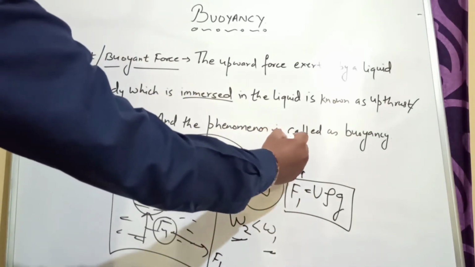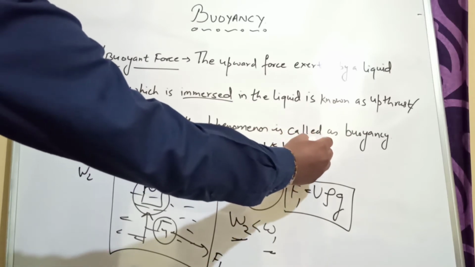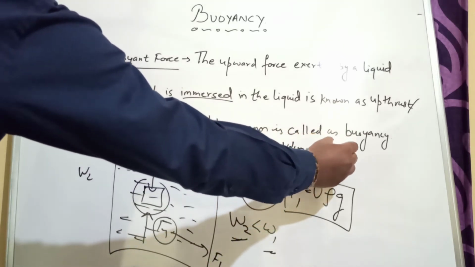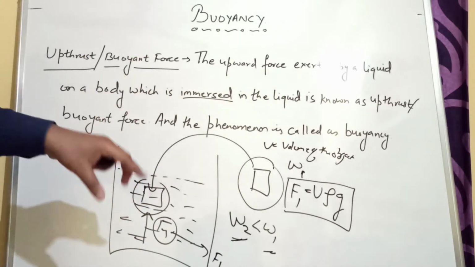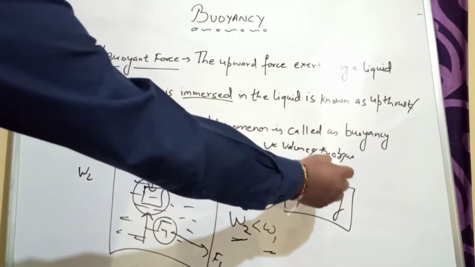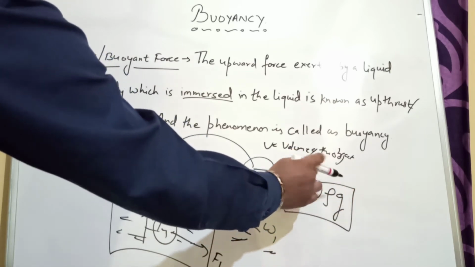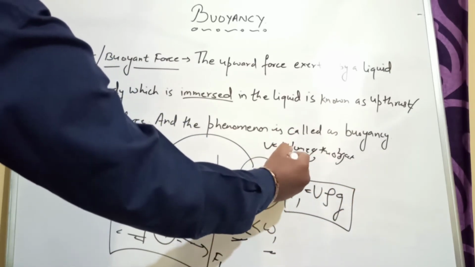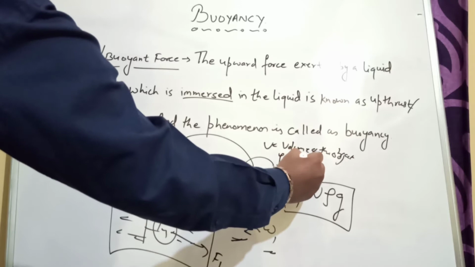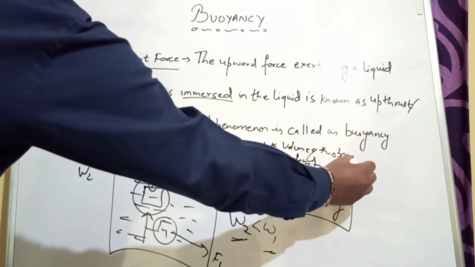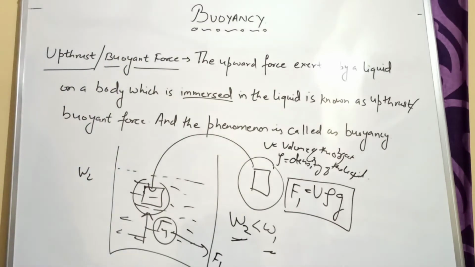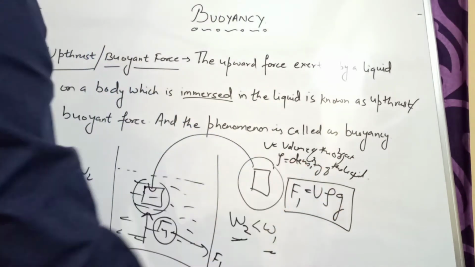V is the volume of the object which we are dipping inside the liquid. Rho is the density of the liquid, and small g, you are familiar with this small g.